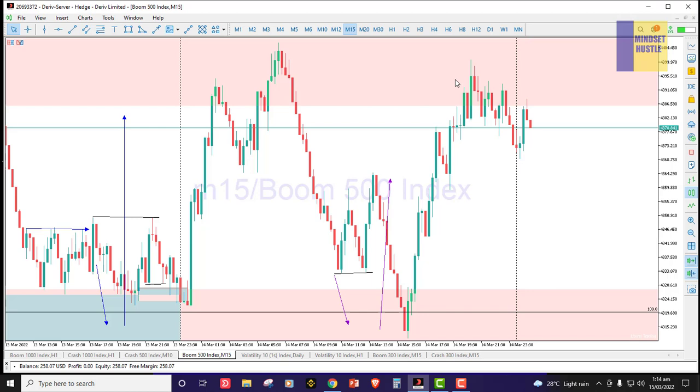But myself, I held up to this zone because I knew price was going to range between the daily zone and the H4 zone for some time before it decides whether to continue with the sell or to break above the H4 supply zone and continue to buy.